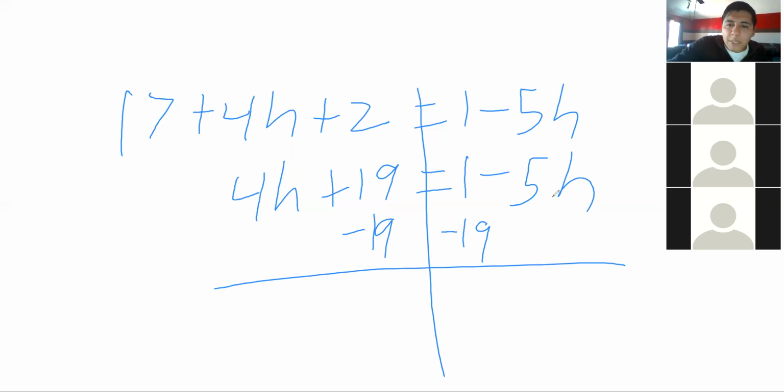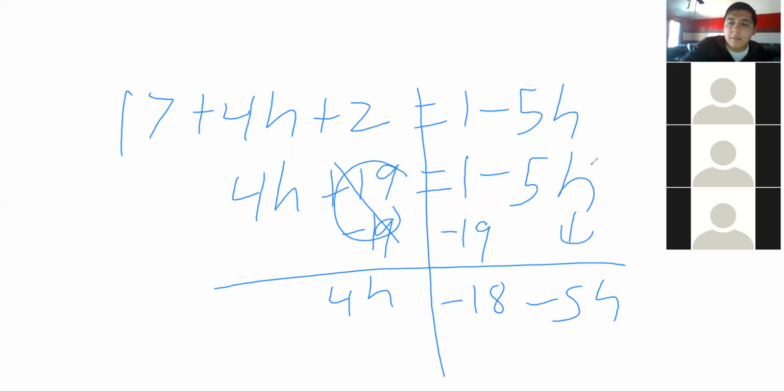And remember, don't be confused by trying to subtract it to the variable, right? We would do this, and now we have 4h and -5h. So what's 1 minus 19? It's -18, right? Yeah. Okay, so what's next? What else?